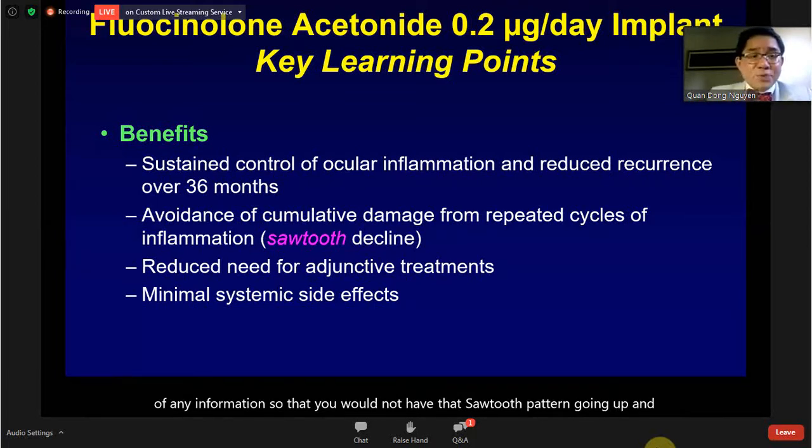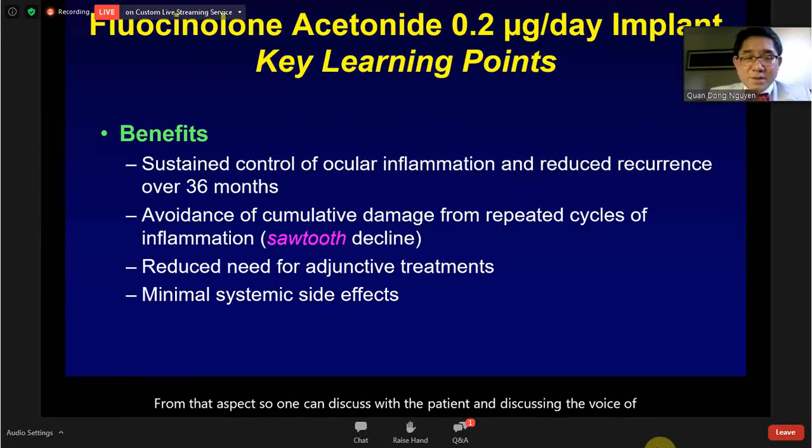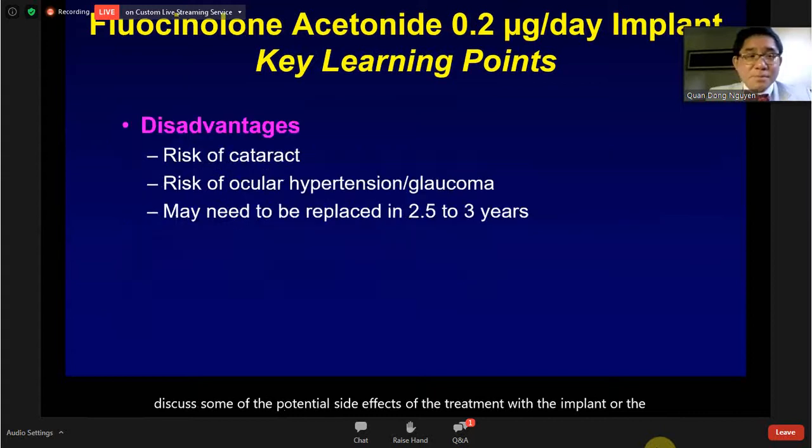In addition, there's reduced need for adjunctive treatment and minimal systemic side effects. So one can discuss with the patient the risks of using systemic therapy, including hepatotoxicity and renal toxicity, and then discuss some of the potential side effects of the treatment with the implant or the insert to see which one would be most appropriate for the patient.